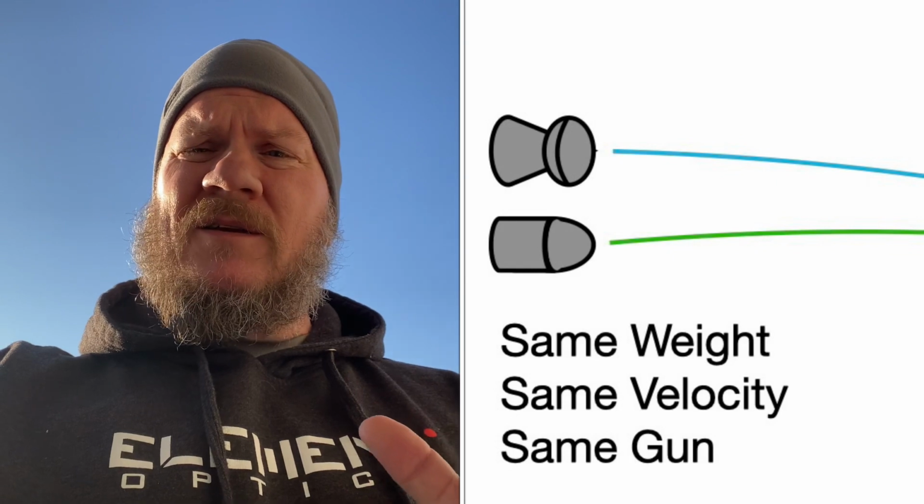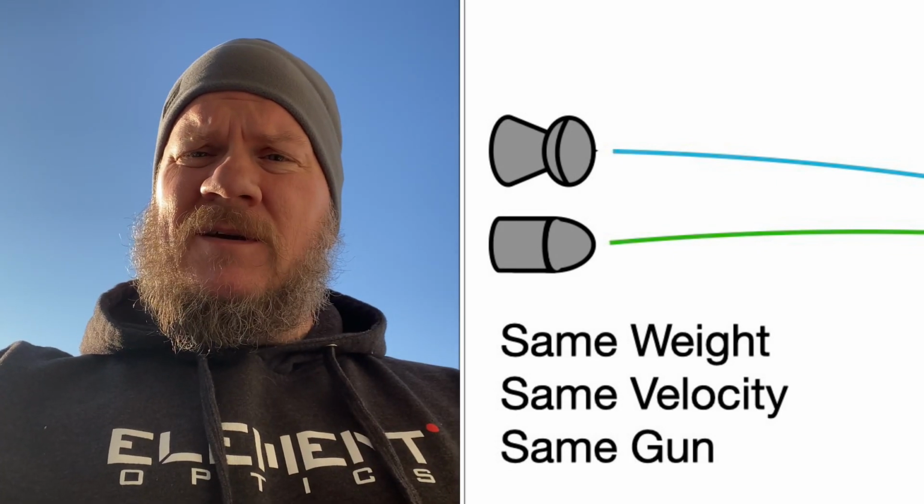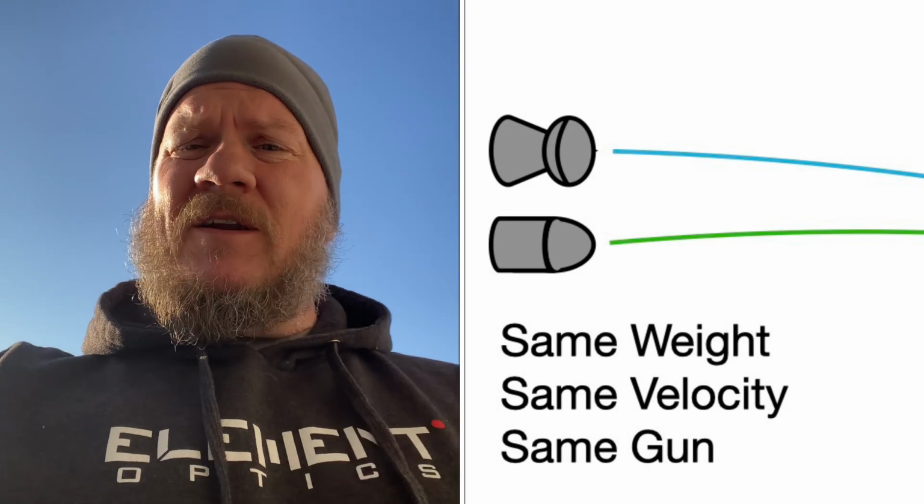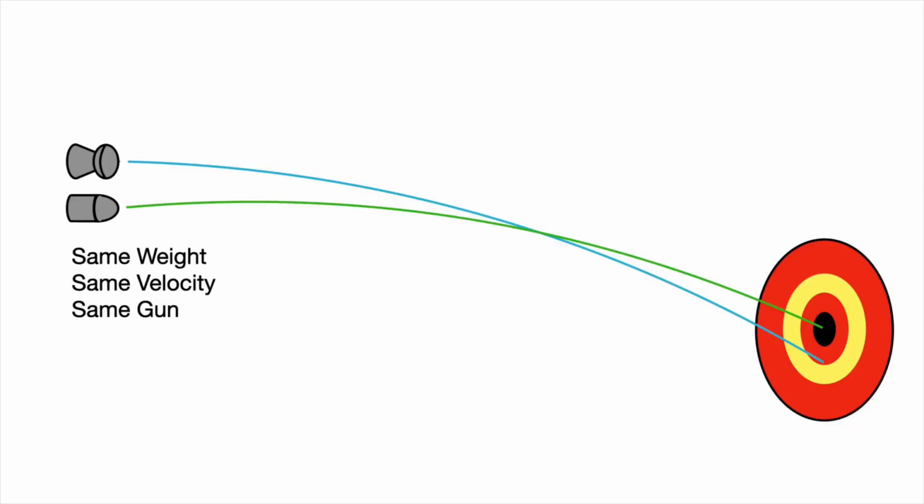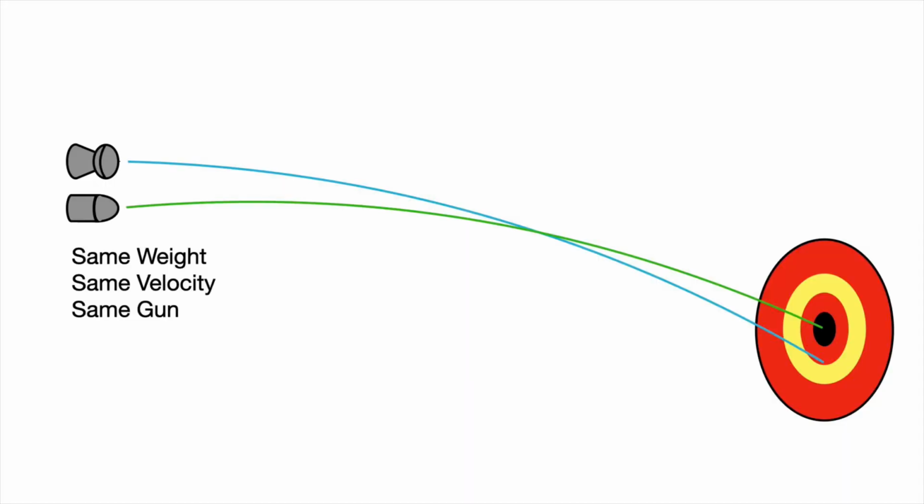Let's take a look at what two different projectiles would do in the real world if they could be fired. We're talking about the same weight of projectile, the same velocity, fired out of the same gun. So this graphic shows us two different projectiles, effectively the same velocity leaving the barrel, same gun, just tuned differently so that it can achieve the speed we're looking at. Same weight, one a pellet, one a slug. What's going to happen is that the slug is going to hit the target higher than the pellet will.